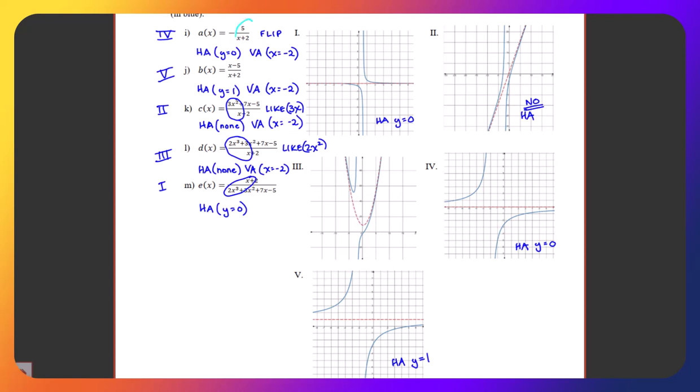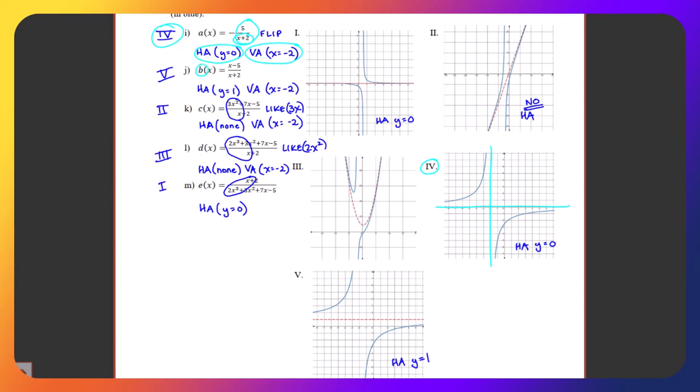So for this one, it's bottom heavy, so the horizontal asymptote is 0. We can see that the vertical asymptote is x equals -2. That makes the denominator 0. And let's see, x equals -2, y equals 0. That's choice 4.